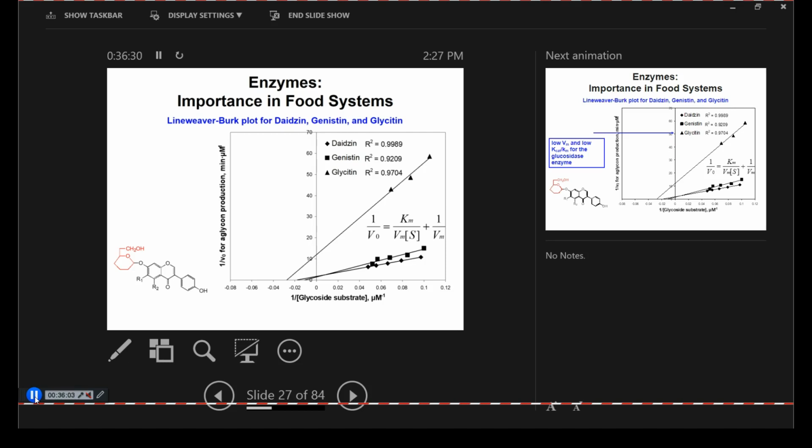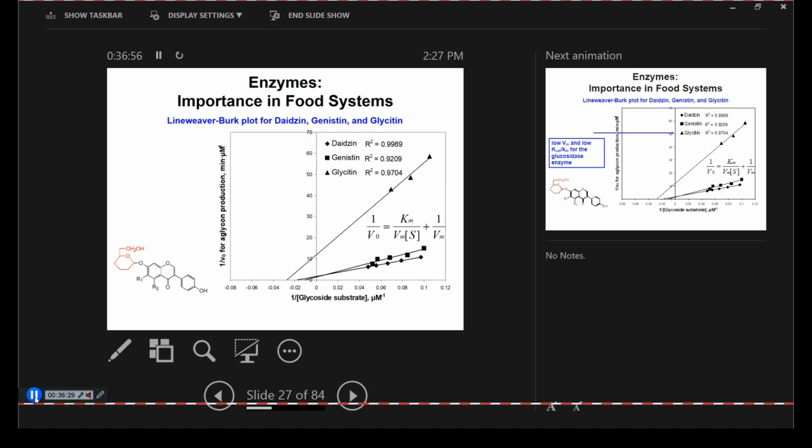So this is a compound, one of them. R1 and R2 are different based on the different compounds. And there is a glucose. So the enzyme is a glucosidase. That means it breaks down a glucose unit. And then we have this that can be absorbed by our body.